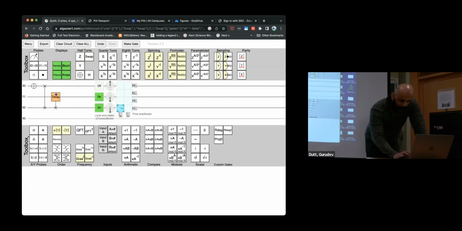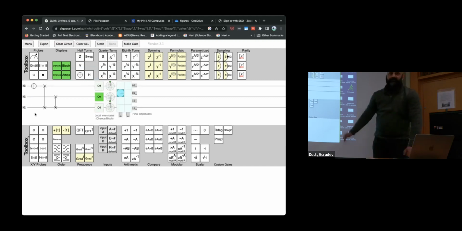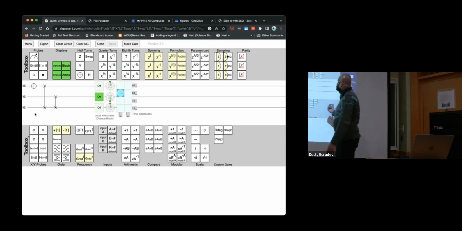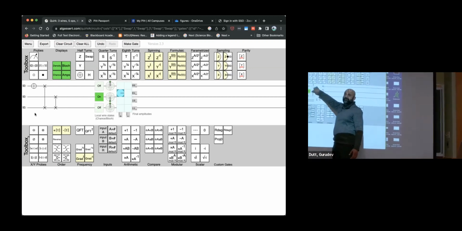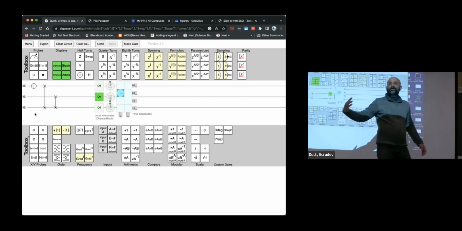Here. There. And remember, we start with everything in zeros. Okay, that's exactly what we expect. So at the end of the operation, these two are off and this middle one is on.